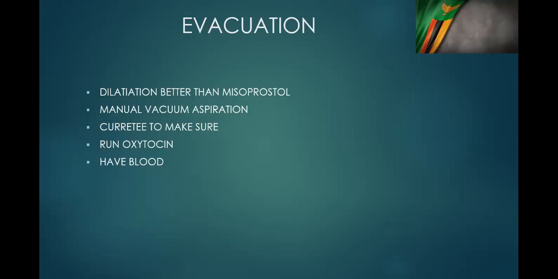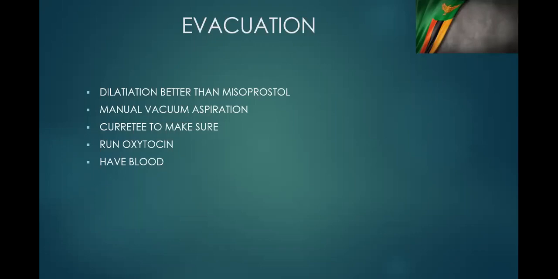So we know that when the uterus contracts, some molar tissue can be massaged into the vascular system, and the molar tissue can end up in the lungs, and somebody can have embolism and difficulty breathing. But that's why some people say don't run oxytocin during evacuation.